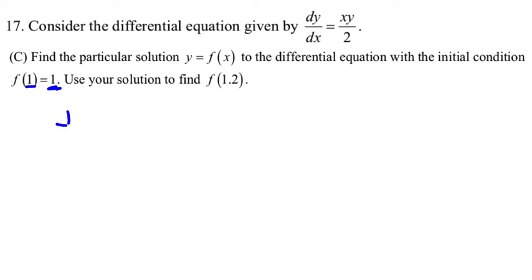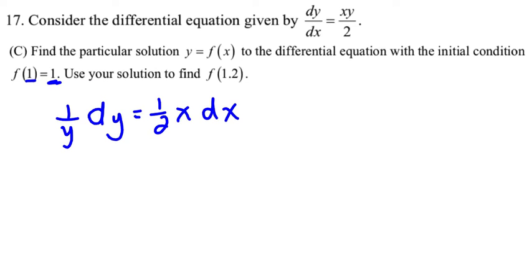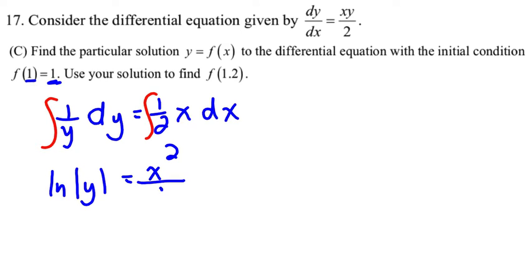I'm going to move the y over, so 1 over y dy, and I'm going to move the x term over and write this as 1/2 x dx. Then I'm going to take the integral of both sides. The integral of 1 over y is ln y. The integral of 1/2 x is x squared over 4, and I'll put the plus c out here.